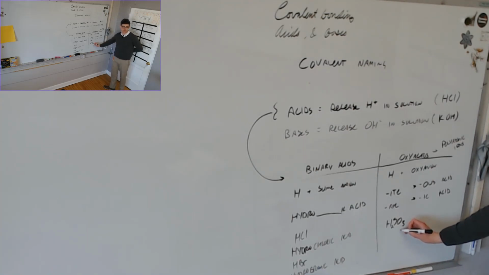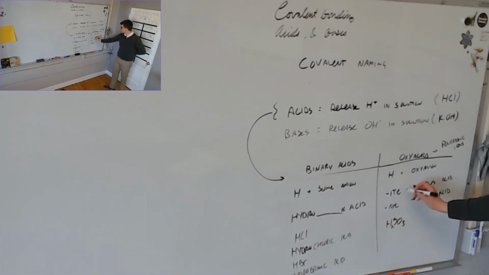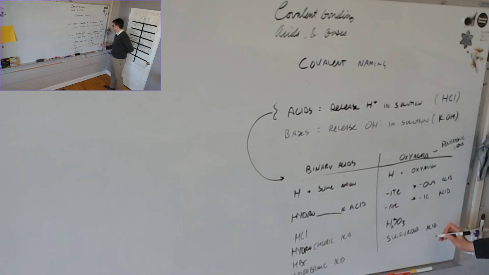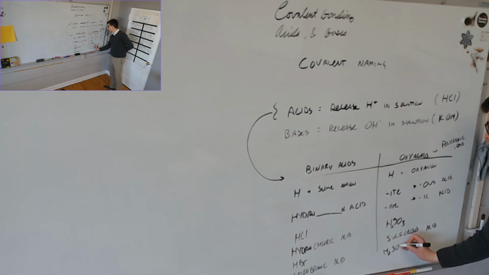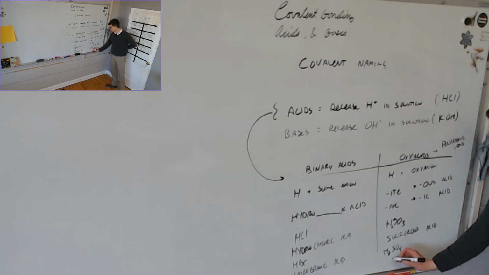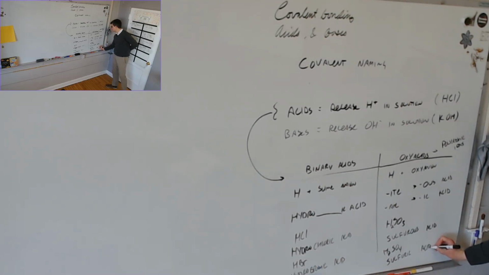You recognize SO3 as sulfite. Ite becomes ous, so this is sulfurous acid. H2SO4, what's SO4? Sulfate. Ate becomes ic, so it's not sulfurous acid, it's sulfuric acid.